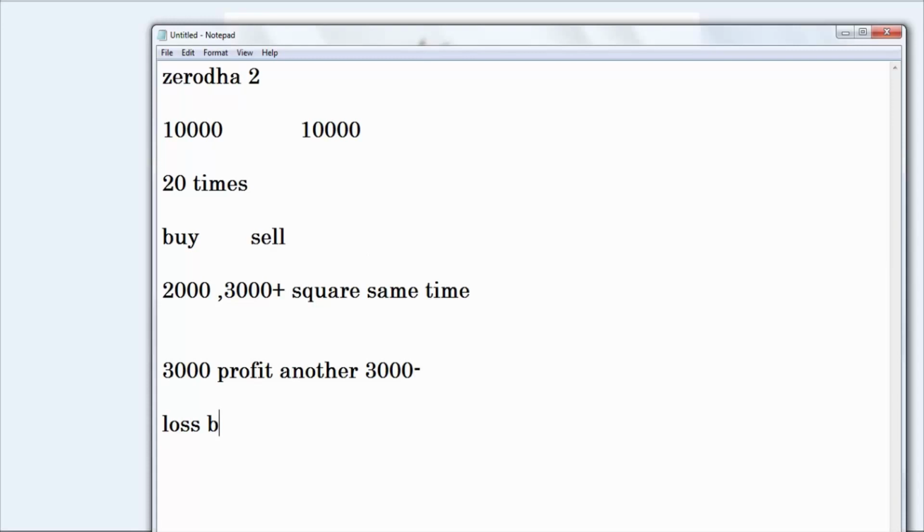So my loss is brokerage and tax plus some price variation amount, but it's not more than 200 rupees or 100 rupees. So if I do it this way, I just upload the video of whichever account made profit. I upload the first day: okay, I got 3000 profit.